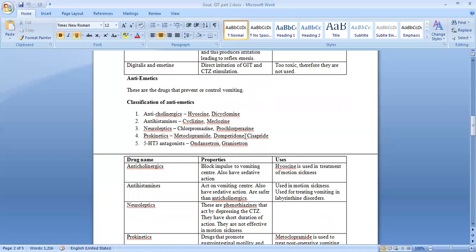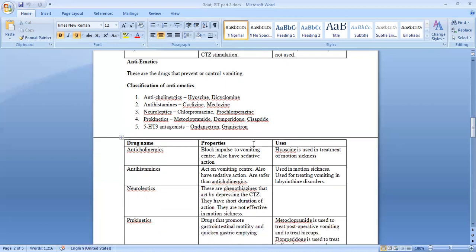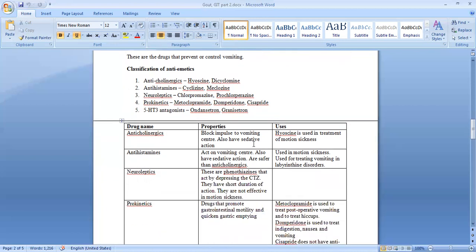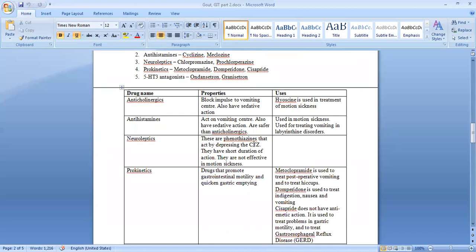Then we have prokinetic drugs, metoclopramide, domperidone, and cisapride. And we have antagonists of 5-hydroxytryptamine 3 receptors, ondansetron and granisetron. So what are the properties of each of these categories of drugs? Let us see a little in brief. Anticholinergics, as we know, will oppose the actions of acetylcholine on the receptors.